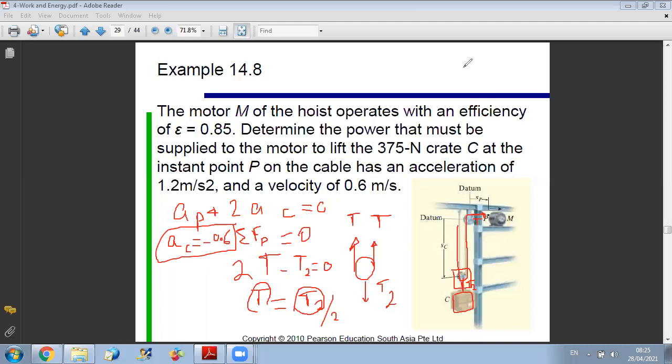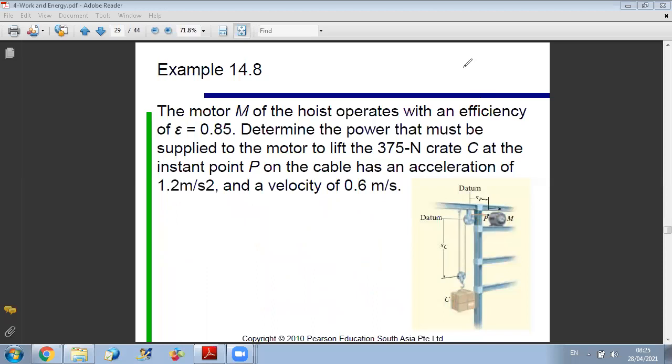And once we get AC, then we can take the free body diagram of block C. So let us do it here. This is my free body diagram. We have the weight of C, WC. We have the tension here, which is 2T. And we know the acceleration of C. So we can write the sum of forces. I will consider the positive direction downward.